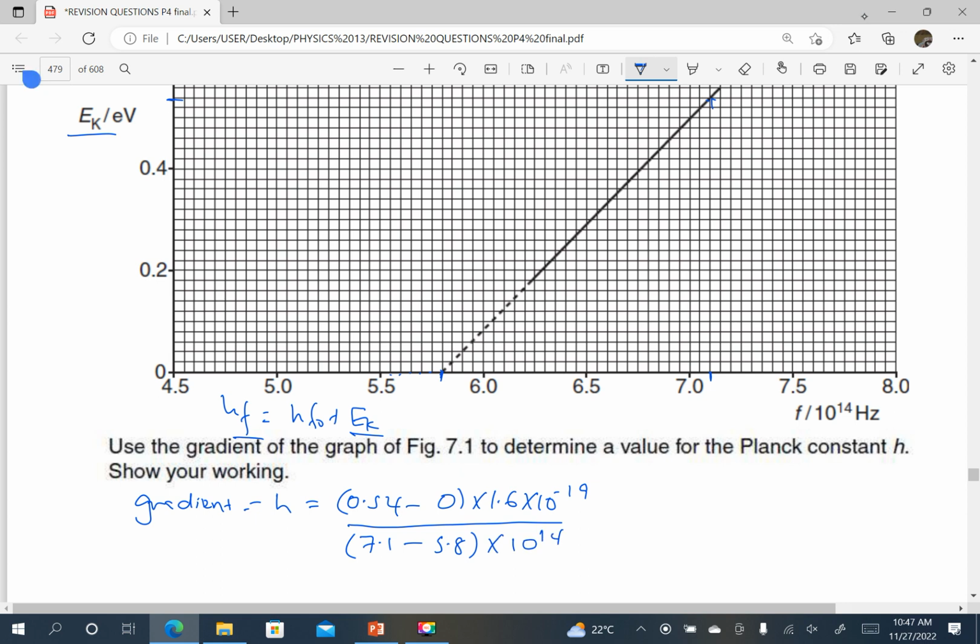On my calculator, 0.4 times 1.6 exponent negative 19, divided by 7.1 minus 5.8, exponent negative 14.